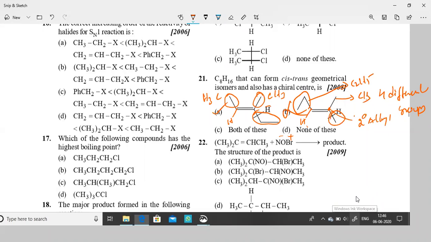NO minus and Br minus, or NO plus and Br minus, NOCl. NO plus we will take, and here we will take Br minus. Okay, this I will tell later. 22nd I will tell later.